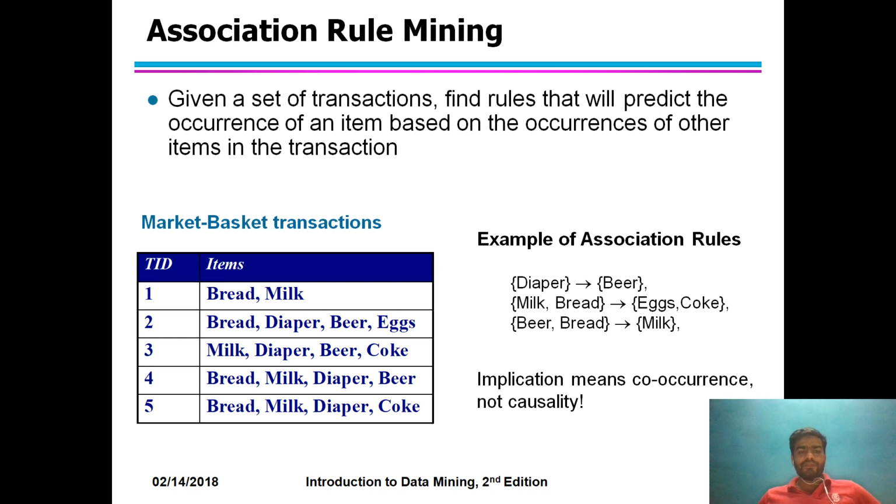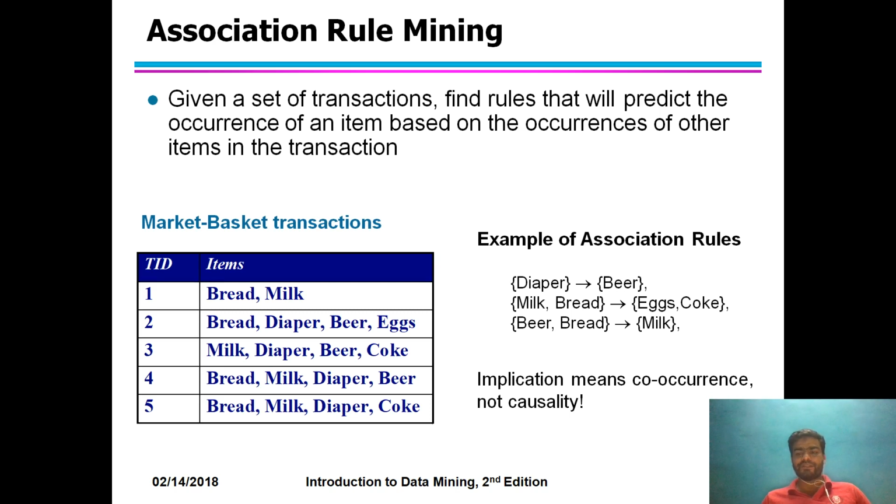If you see from the market basket transaction, whenever a customer has bought a diaper, he has bought beer, looking into transactions 2 and 3, and whenever a customer has bought milk and bread, he has bought eggs and coke, and whenever a customer has bought beer and bread, he has bought milk.